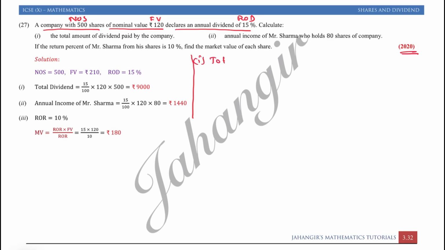Total income is equal to ROD upon 100 into face value into number of shares. So 15 into 12 into 5. 12 5 is 60, 15 into 60, 15 6 are 90, one more 0 I think so we have. So that is equal to rupees 9,000.